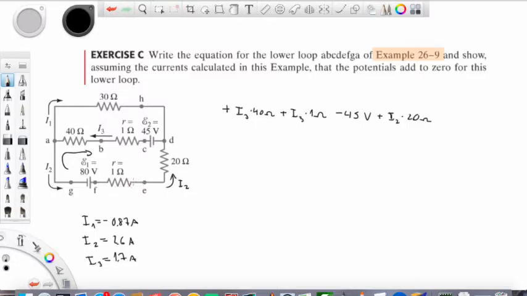The I2 is flowing here, so we add I2 times the resistance 1 ohm. Now we only have the battery left, and going from high to low, we are dropping 80 volts, so we have to subtract 80 volts.